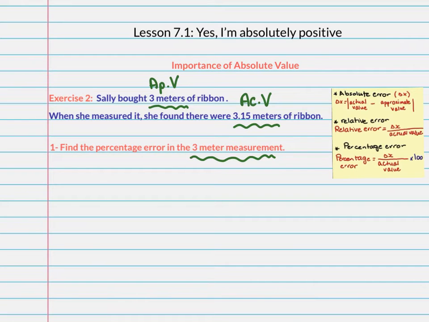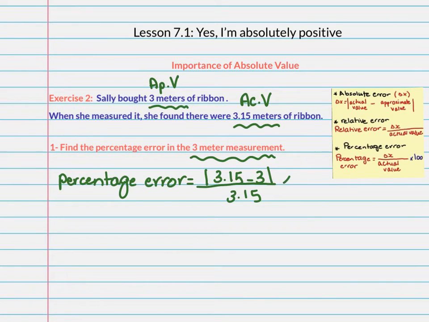Now, what do they want us to calculate? They want us to get the percentage error, which equals delta x over actual value. Delta x is the absolute value of the actual value 3.15 minus the approximate value 3, all divided by the actual value, which is 3.15.